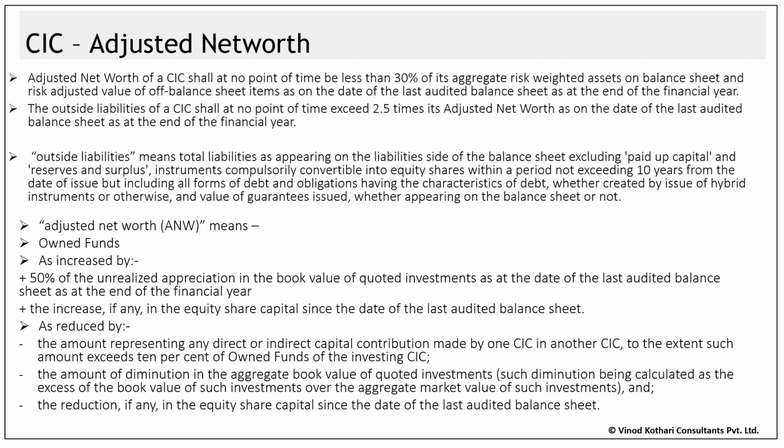When I'm talking about risk-weighted assets, the riskiness of the asset is the basis on which we determine that 30% of adjusted net worth should not be exceeded. So we have factored in the assets. On another side, we are saying that your outside liability should not exceed 2.5 times the adjusted net worth. Here we have seen the liability side. So there are twofold restrictions, one on the liability side and another based on the asset size. I hope these two requirements are clear.